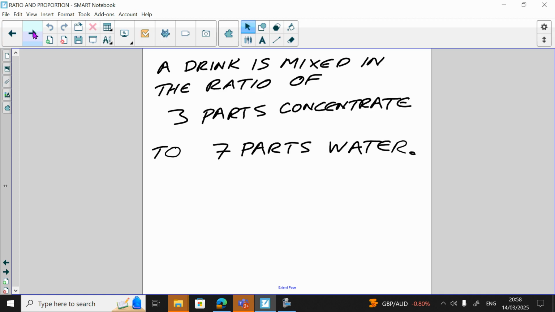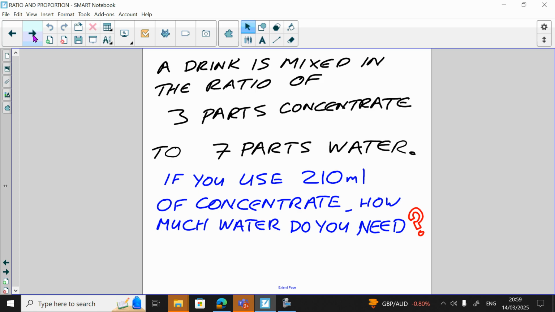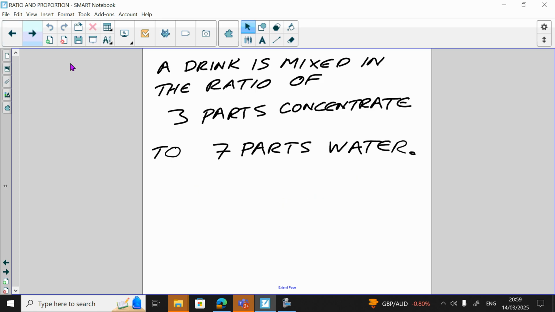So we're just going to go for an example here. Some drink is mixed in a ratio of 3 parts concentrate to 7 parts water. Okay, we've got a mixture here. Next part is, this is a recipe, 3 to 7, that's a recipe.